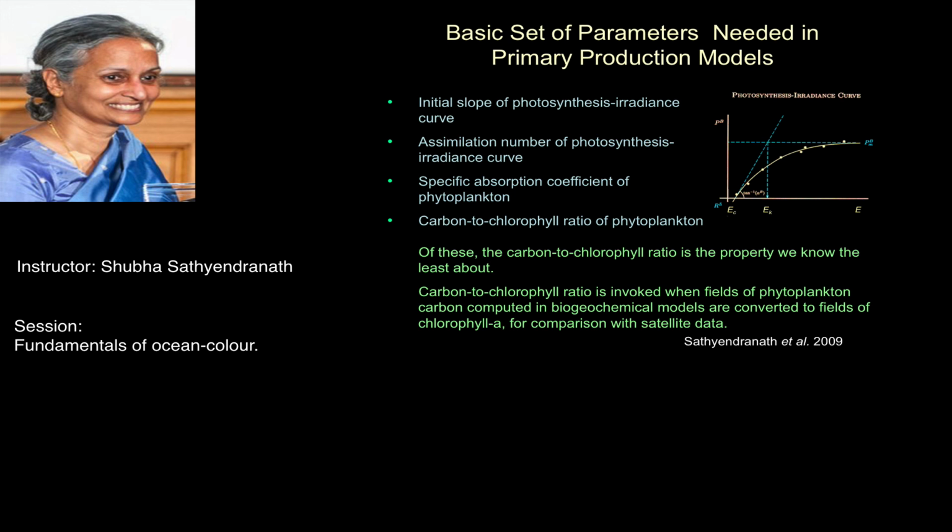Of all these parameters, the carbon to chlorophyll ratio is the one that we know the least about. The photosynthesis irradiance parameters, initial slope and assimilation number, we have just more or less published a database on those, and there are about 5,000 or so data points in that database on a global scale.